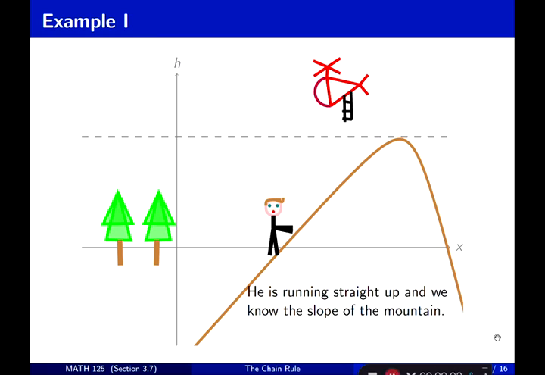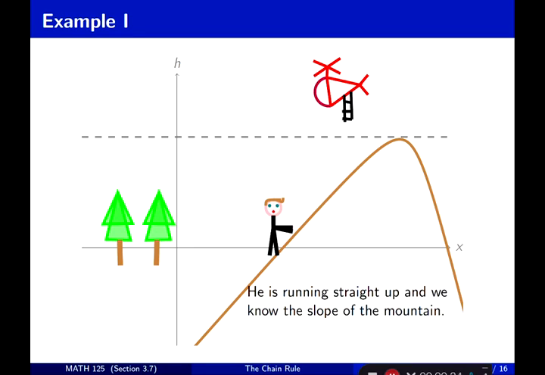We're continuing with section 3.7 again, and we're about to start the chain rule. To be able to explain the chain rule a little bit, it's important to go back to Example 1, where Albert was running to be saved, and Pilot could tell the horizontal velocity of Albert, but he was interested in the vertical velocity.